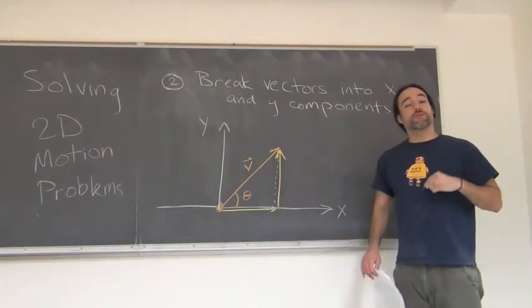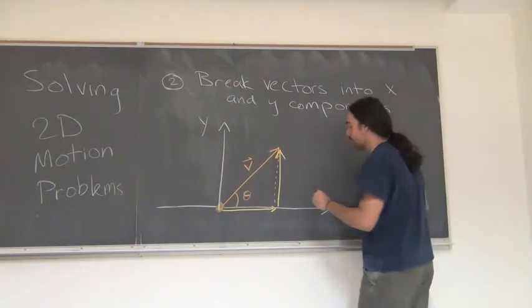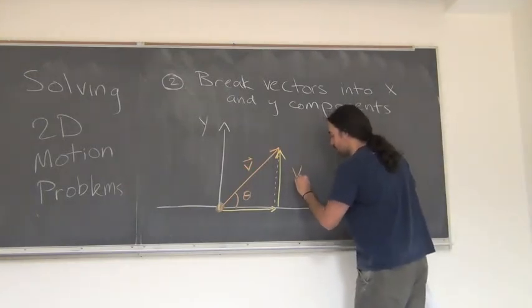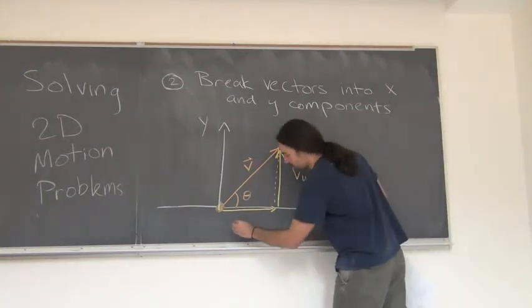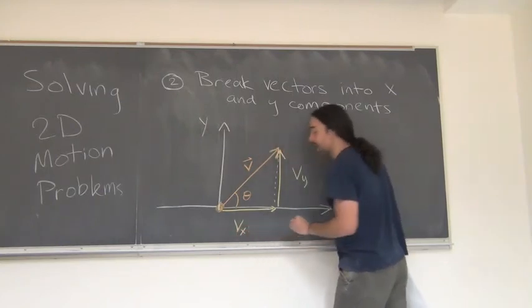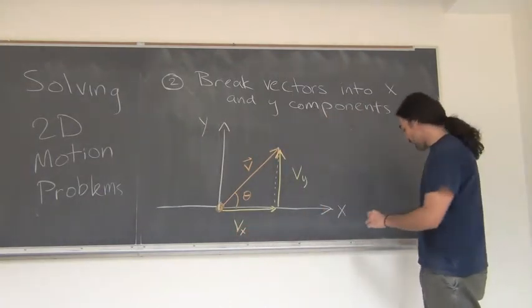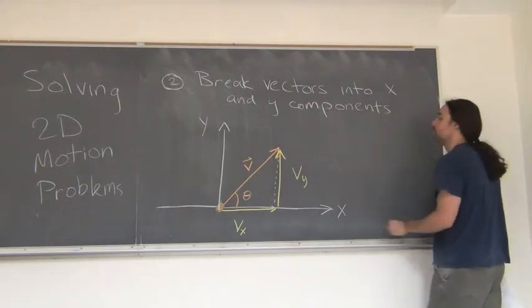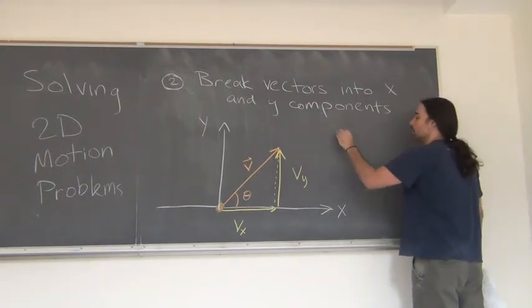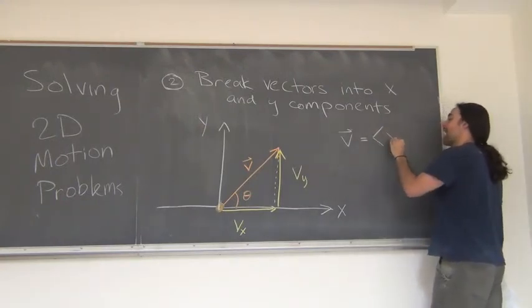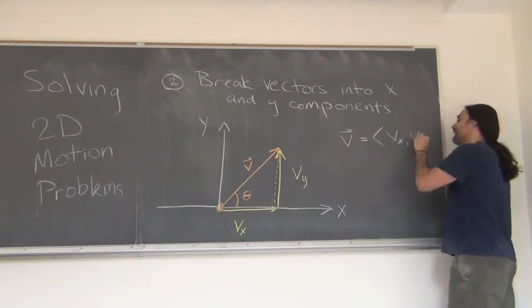So that orange vector v can be written as a y component and an x component. I can write that vector v in component form as vx and vy.